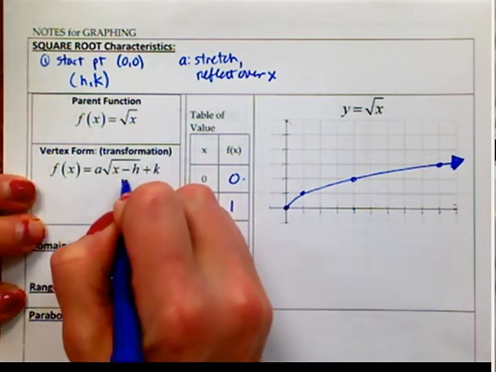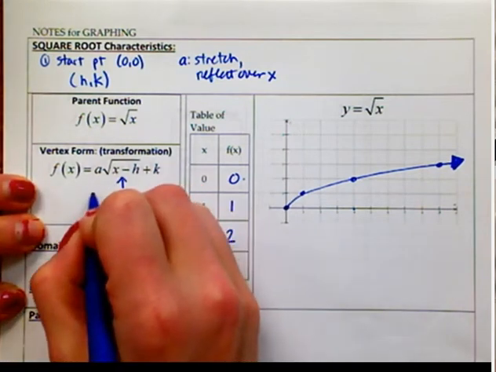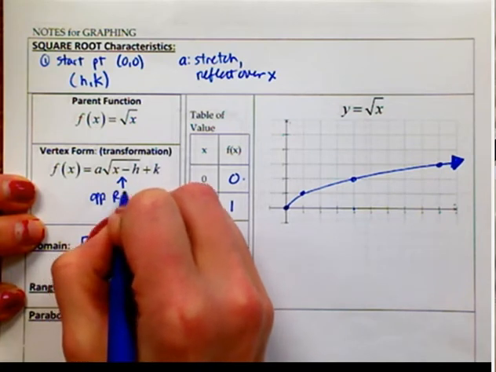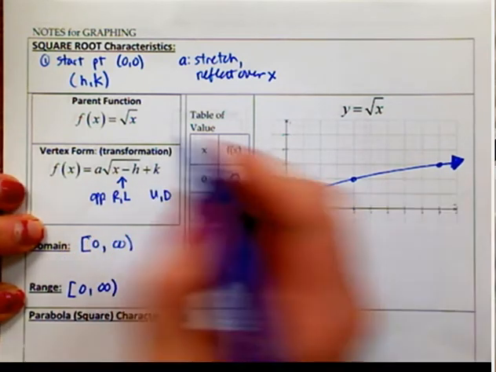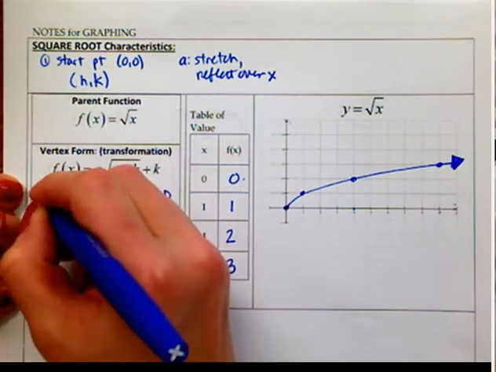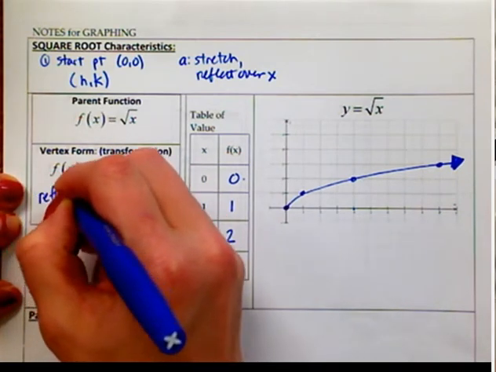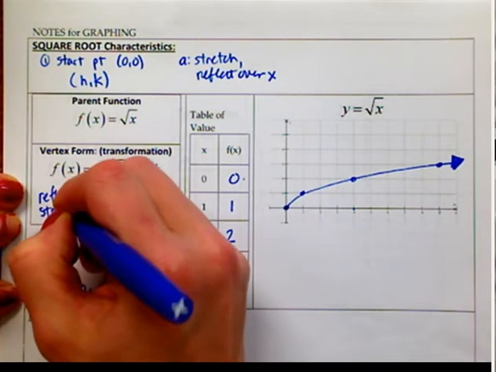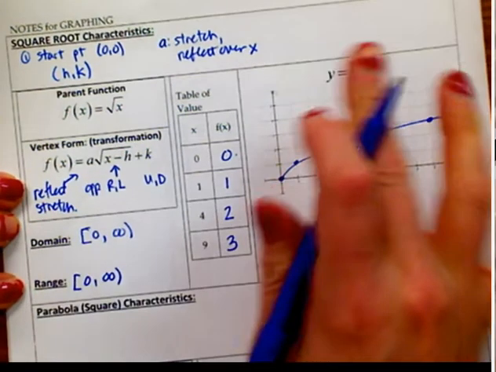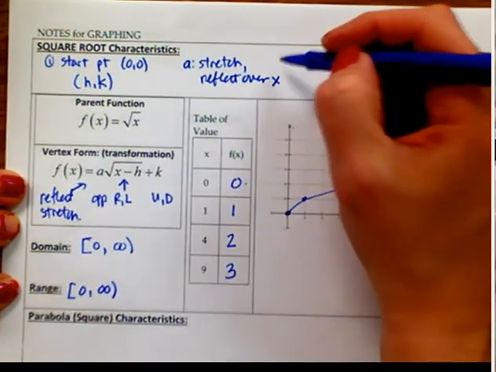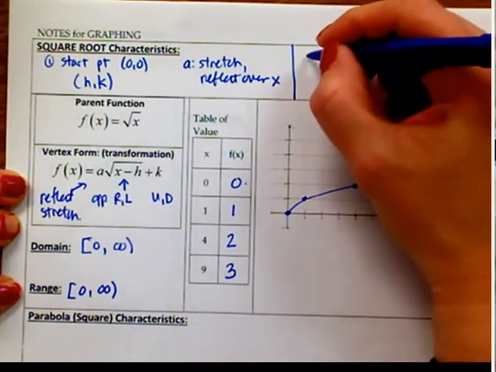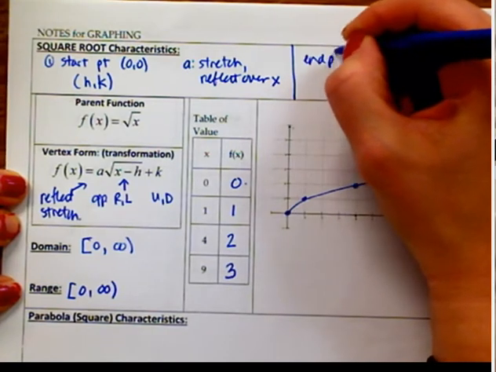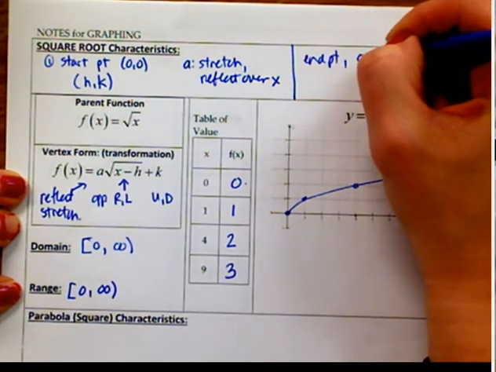Okay, keep in mind that our h coordinate is opposite, and it goes right and left, and our k is up or down. And then our a is a reflect or stretch. So let's look at some other characteristics of our graph to see if we can pick out what we're doing here. Okay, so we have an endpoint and one arrow.